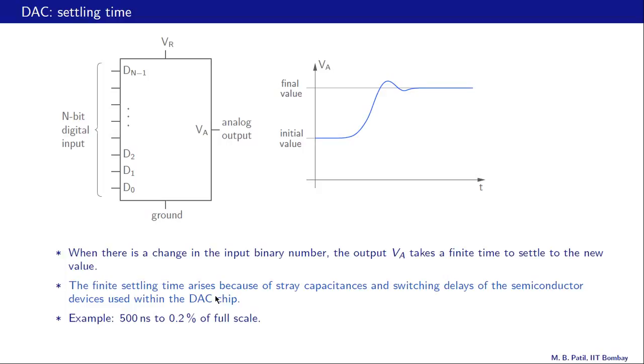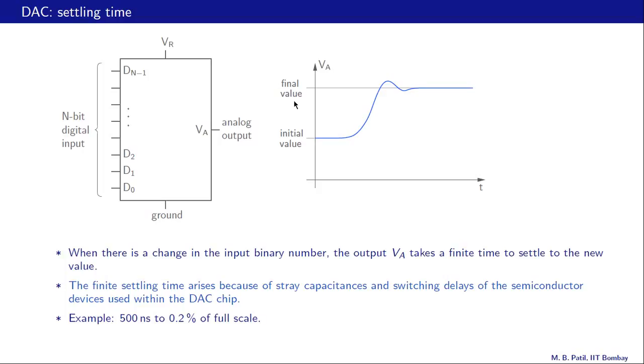Okay. Now this is how the settling time is specified in a data sheet. For example, 500 nanoseconds to 0.2% of full scale. Let us see what this means. Let's say our initial value corresponding to our initial binary number is 1 volt, and the final value corresponding to the new binary number is 2 volts.